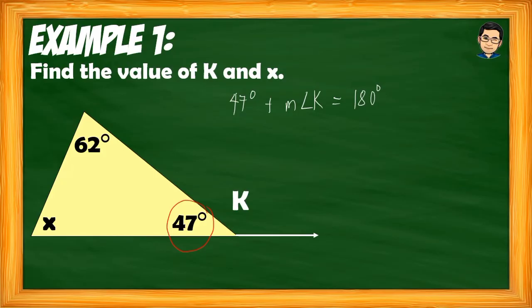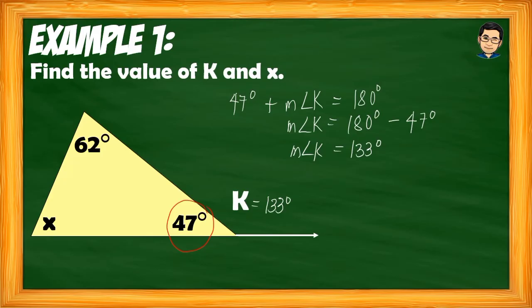So magiging the measure of angle K is equal to 180 degrees minus 47 degrees. And 180 degrees minus 47 degrees is equal to 133 degrees.